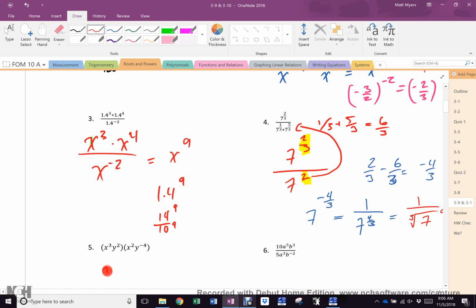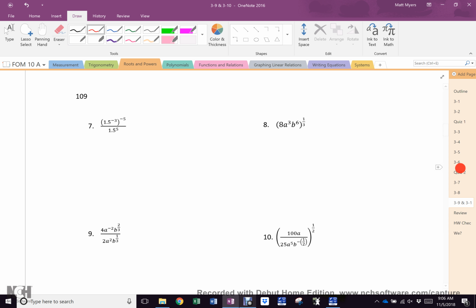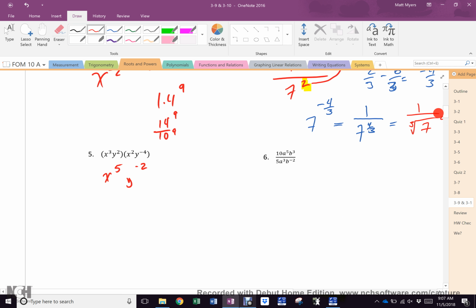X to the 5, y to the what? -2. A great many of you on your test are going to leave that answer. Yeah, you are. A bunch of you are. What's the real answer? X to the 5th over y squared.